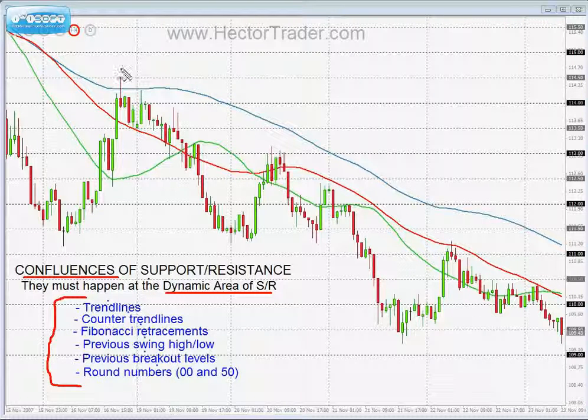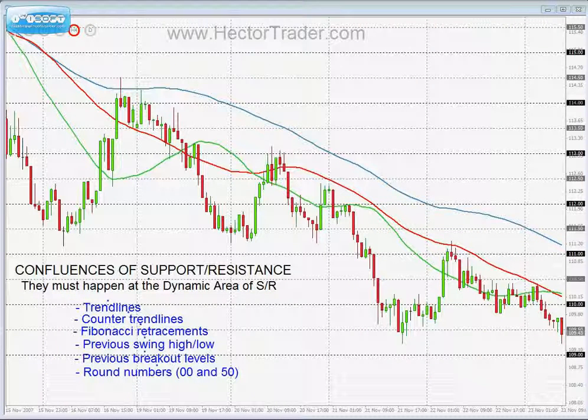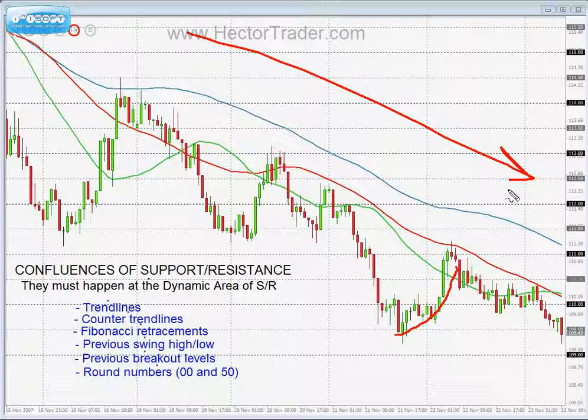In this case, I am showing you the chart of the Canadian dollar against the Japanese yen on the 1 hour time frame, and we are looking into this particular swing. First of all, we are in a trending scenario.